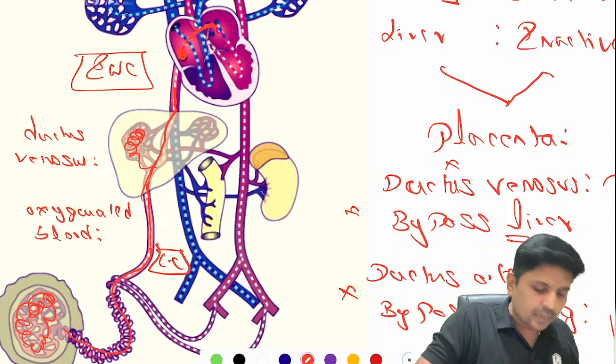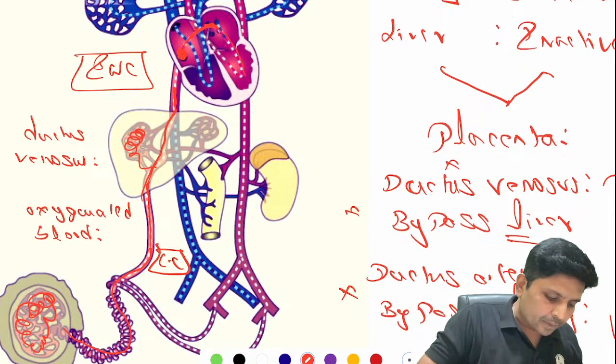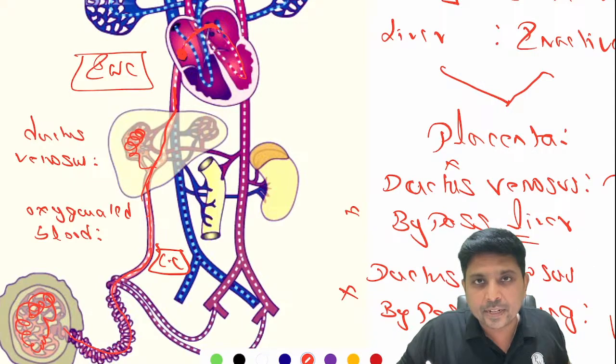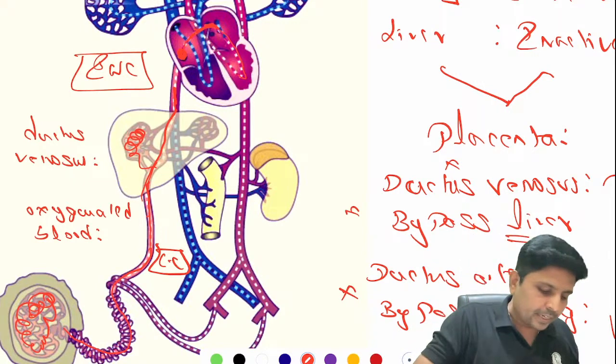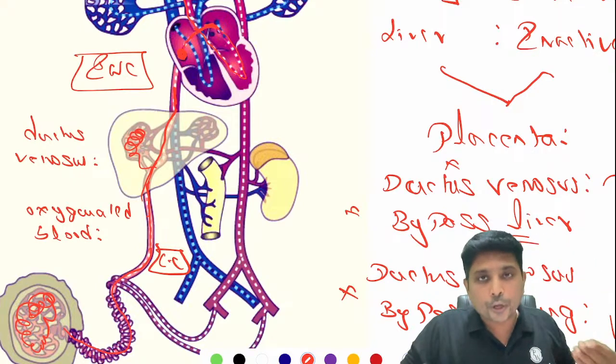From the left atrium, it reaches the left ventricle. From the left ventricle, it goes out through the aorta.